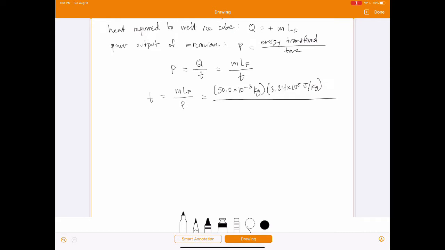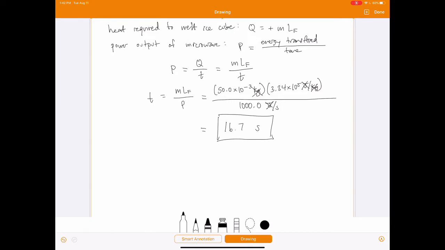So the power output of this microwave was 1,000 watts, but a watt is the same as a joule per second. Let's take a look at our units here. Kilograms cancel, as do the units of joules. And then we're left with units of seconds on the top. If you do the calculation, you get 16.7 seconds. So that's how long it takes to melt the ice cube using this microwave with this power output.